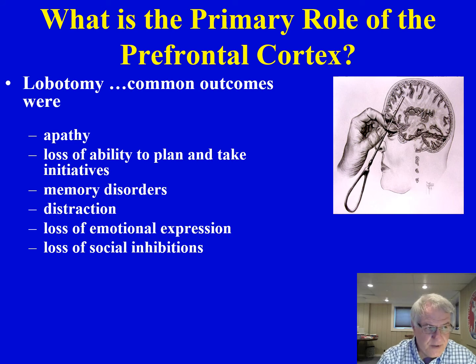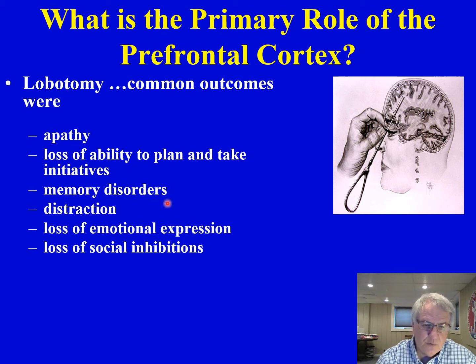So what is the primary role of the prefrontal cortex? Well, one of the outcomes of that procedure, which is called lobotomy, which you have viewed now, a wonderful videotape on the work of Walter Freeman. Individuals who were lobotomized, many of them became apathetic.